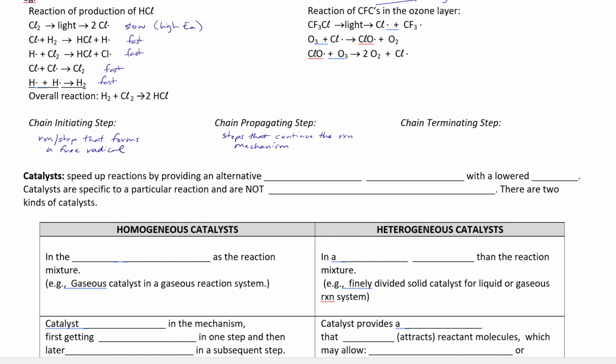And a chain terminating step is a step where radicals are reacted and the chain reaction ends.